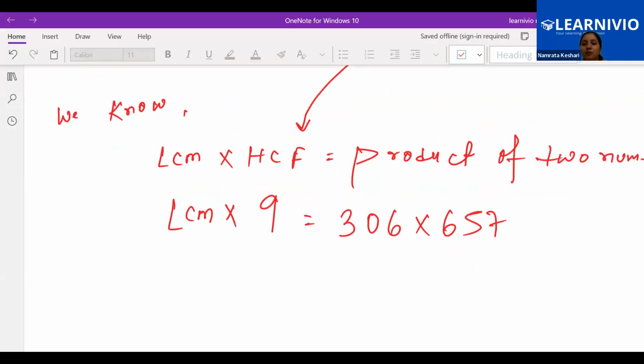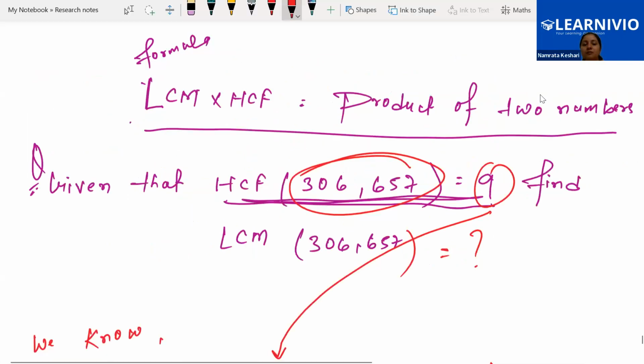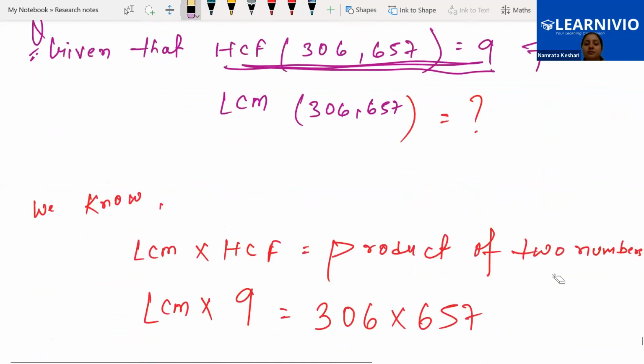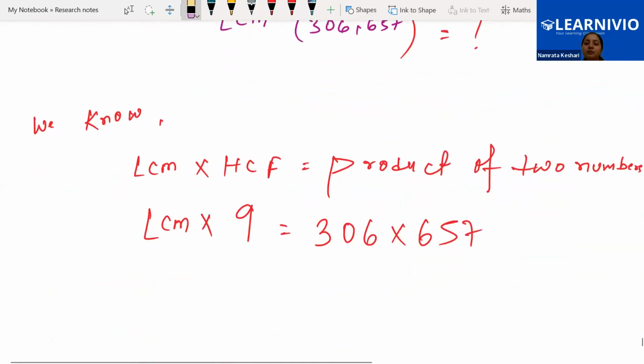Yeah, sure. Please find the LCM from here.